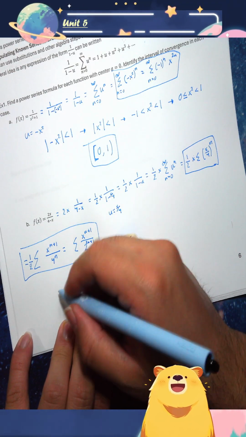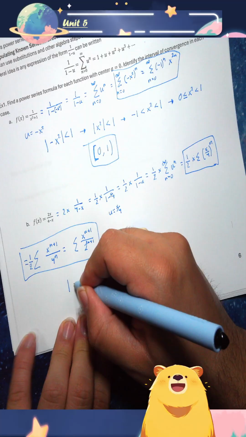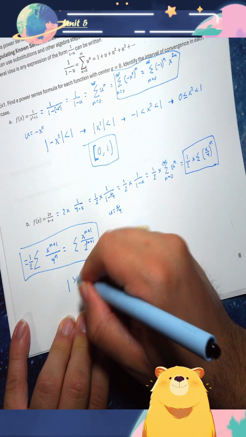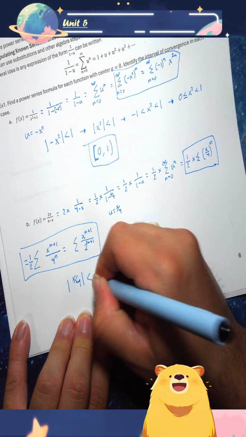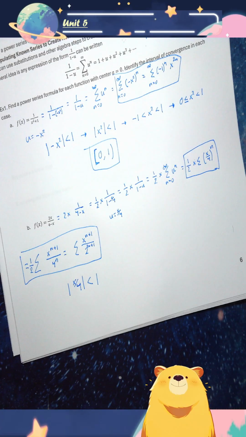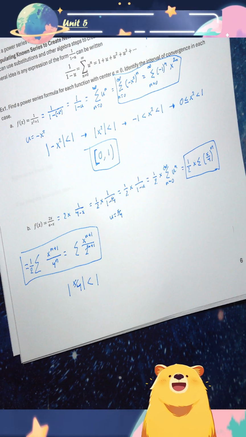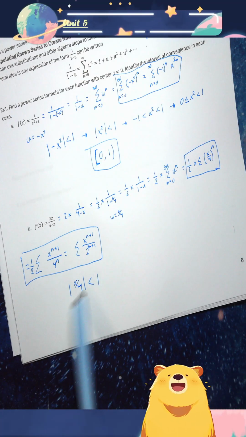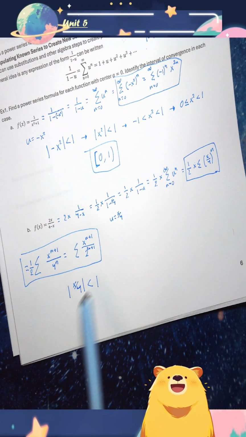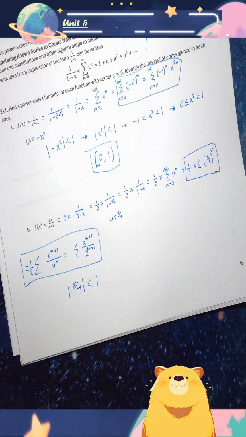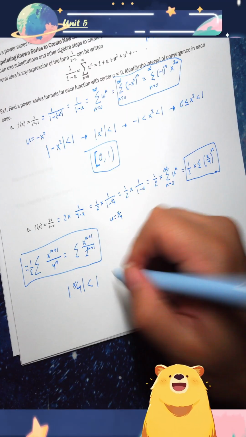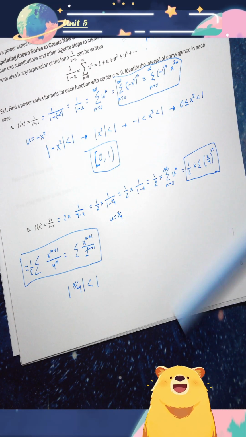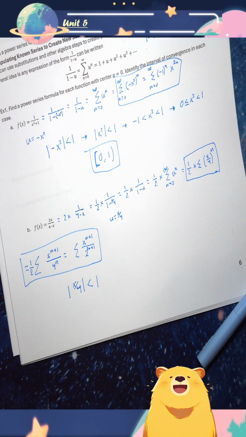So we have the absolute value of x over 4 is less than 1. You could do two things. You could know that because this is a multiplicative property, you could factor out the 1 over 4 already. Here I'll do that in 2 arrows so you can see what I mean.